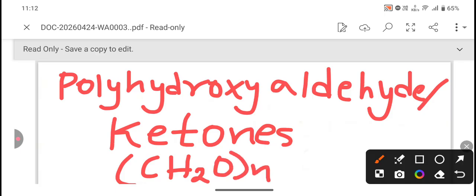When you observe the structure of a carbohydrate, say for example a glucose structure, you can observe the presence of polyhydroxy groups.